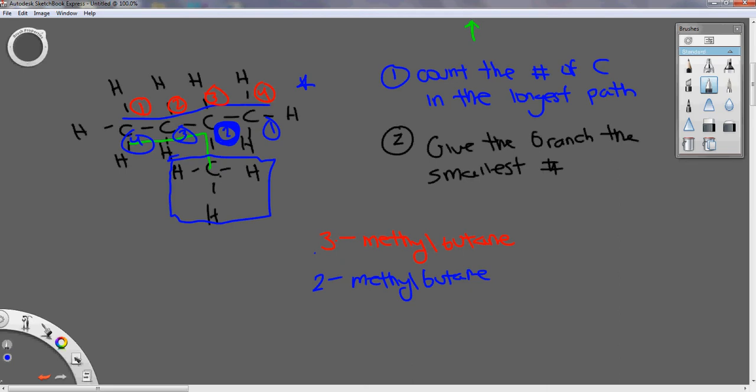These two do give the same compound, but you have to follow conventions, unfortunately, and the convention is that if there are 2 different names for a compound, you're gonna give it the name which contains the smallest number for the branch. So hopefully you guys know your numbers. 2 is smaller than 3, so the proper name for this compound is 2-methylbutane.